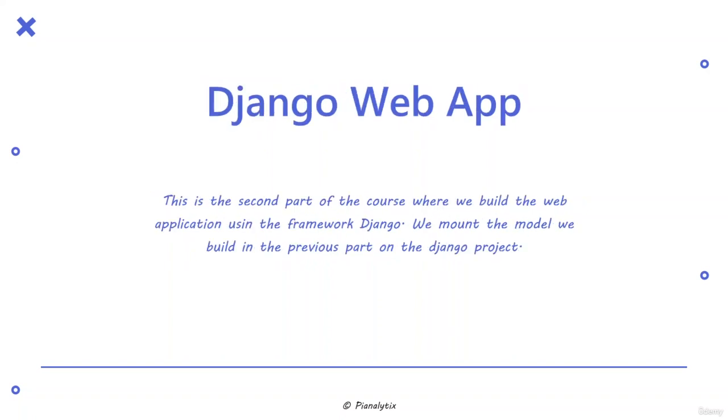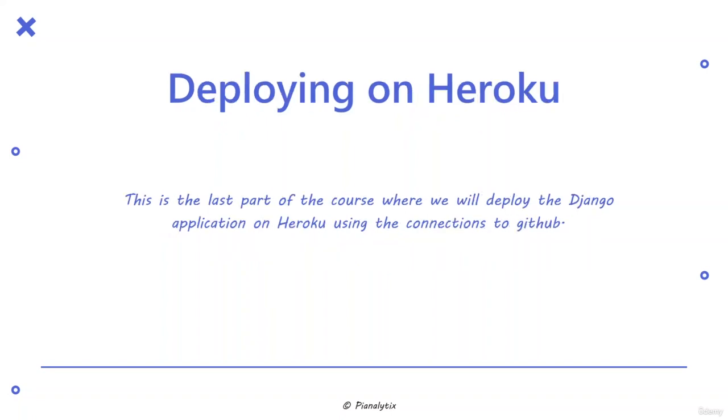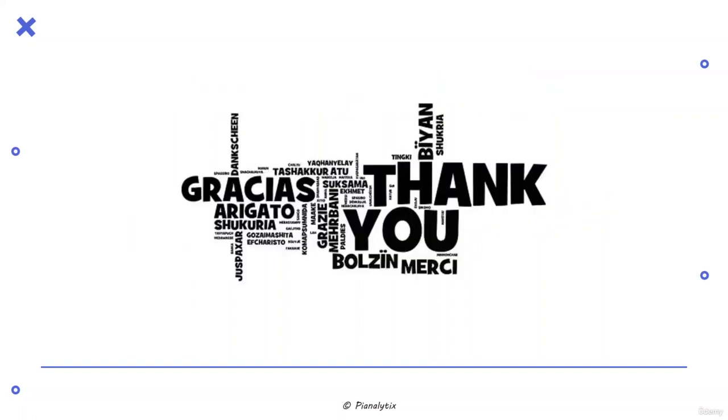We will be using Django and we mount the model that we built in the first part into the second part, that is our Django web application. Lastly, we deploy this web application onto Heroku using GitHub. So now let's move forward to the first part, where we are building our deep learning model.